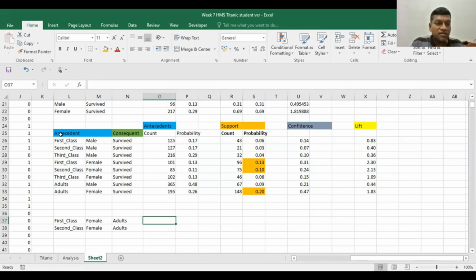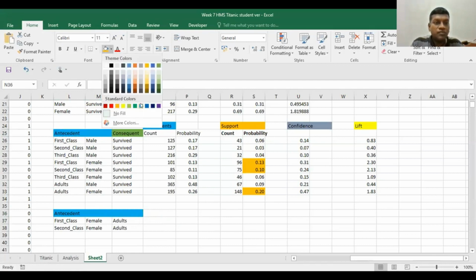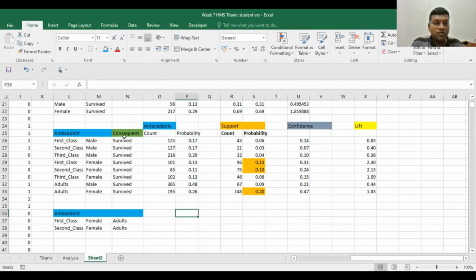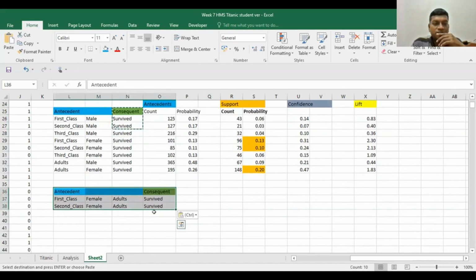Again, this is the new antecedent. Control C, Control V. This is the consequent. Control C, Control V. Let me push it down a little bit.